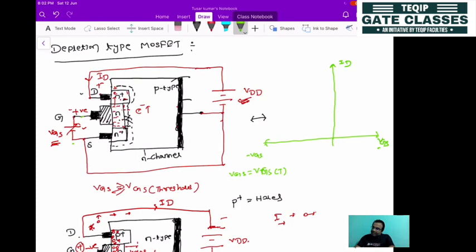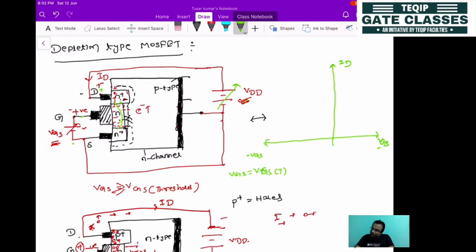The channel is formed. Now it depends upon this magnitude. If you go on increasing the drain to source voltage, the depletion layer will be formed, and the charge carriers will be moving in this direction. Gradually, as you go on increasing the voltage, since the positive terminal is here, this position will be narrowed.